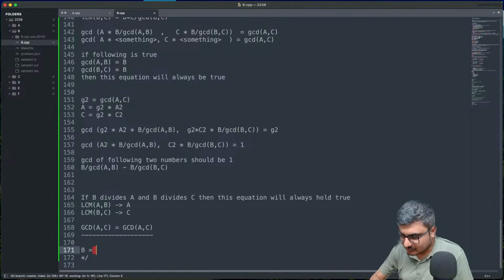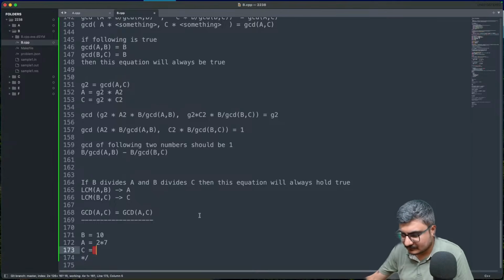Let's say B is equal to 10. A is equal to 2 into 7. C is equal to 5 into, that's fine, right?